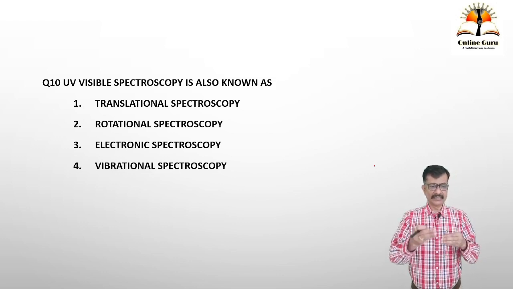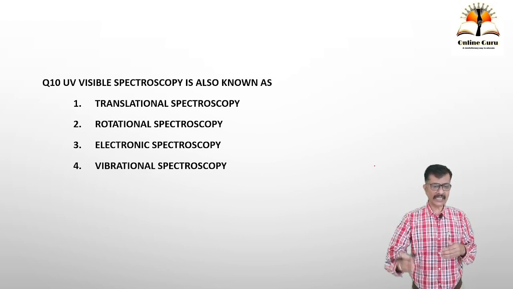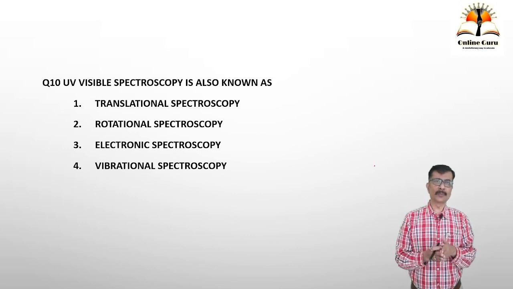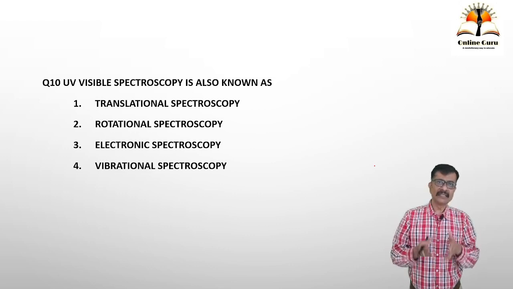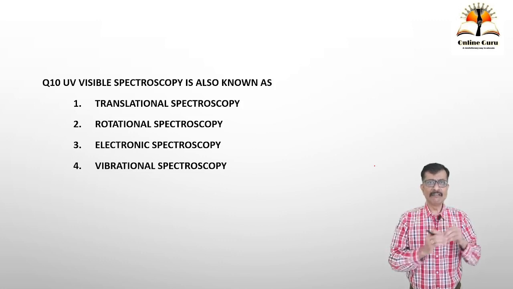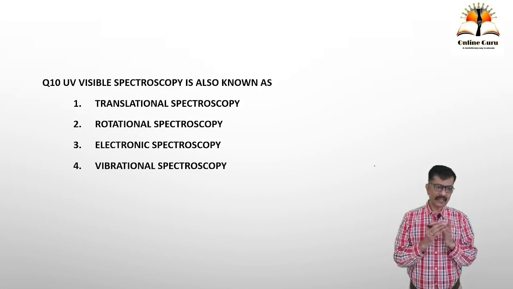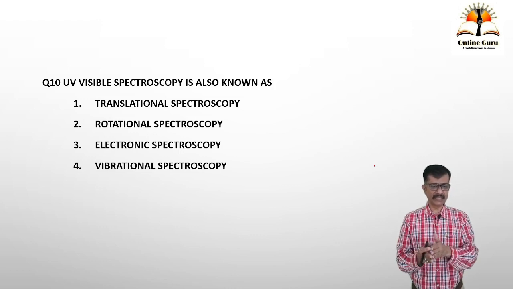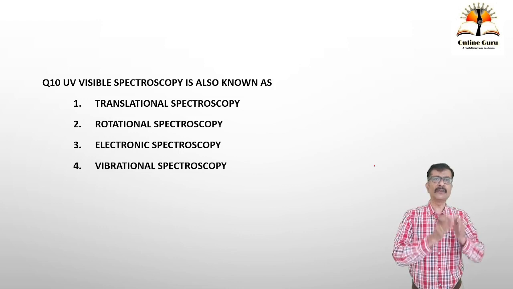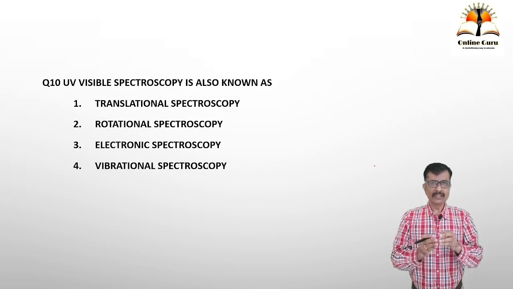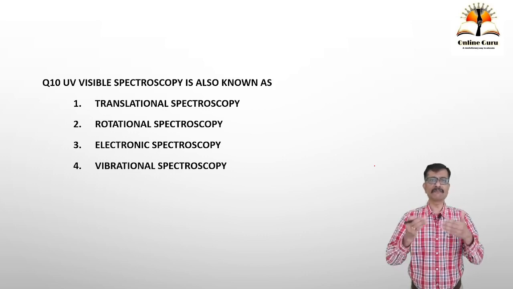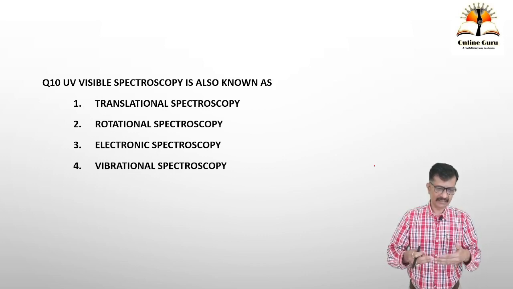Here translational, rotational, electronic or vibrational spectroscopies reflect changes taking place in the matter when light interacts. Now here the question is UV visible spectroscopy, meaning interaction of UV visible light with matter. After this interaction, what changes take place in the matter?